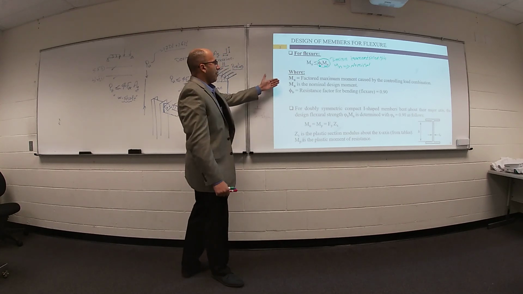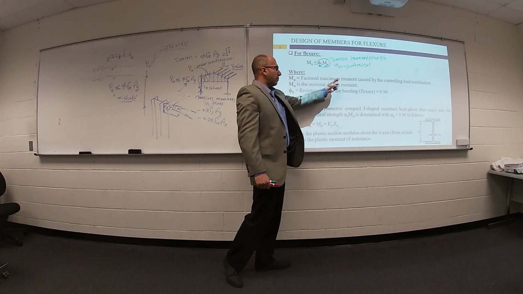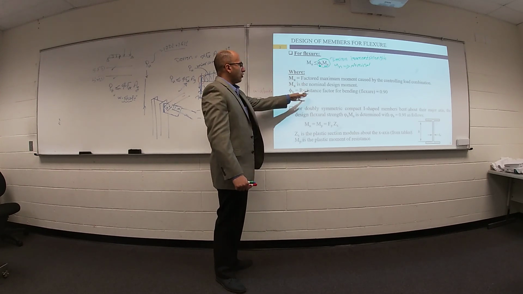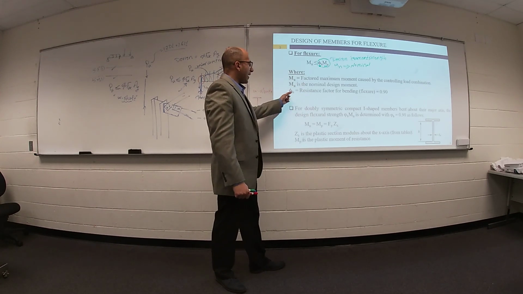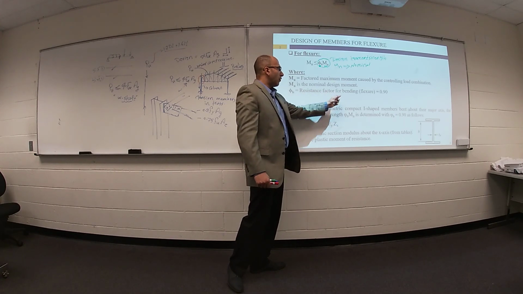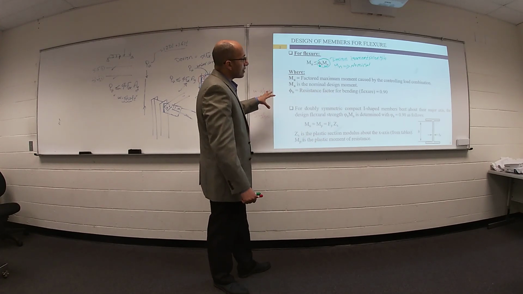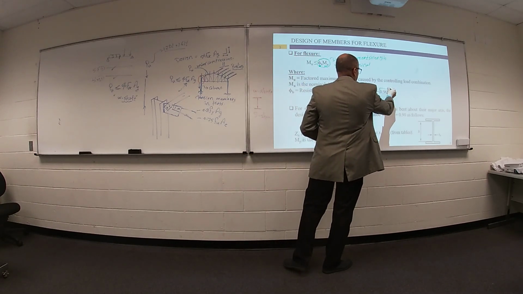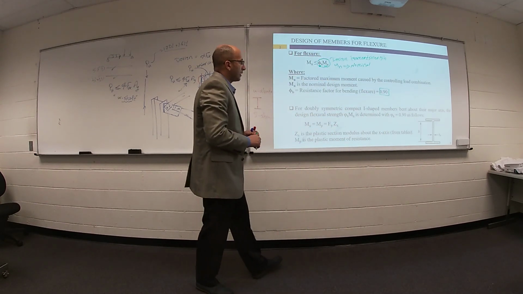Anyway, so M ultimate is called the factored maximum moment caused by the controlling load combination. Mn is the nominal moment, phi is the resistance factor for bending. In flexure for beams, this term equals 0.9, like concrete.